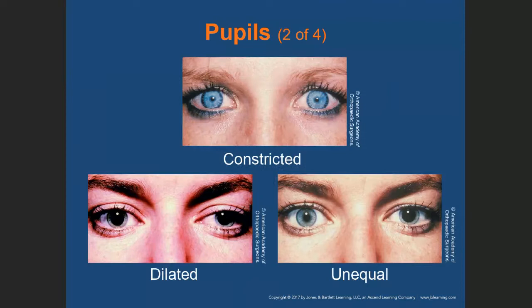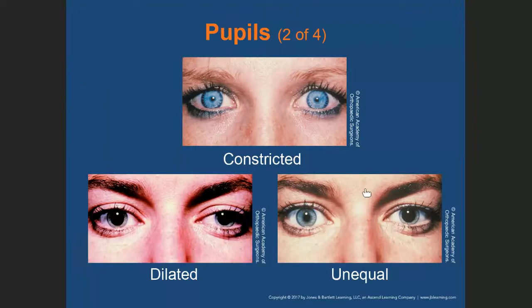Now, what does this mean? You can shine a light in the pupil and it looks pinpoint or constricted. You can shine a light in the pupil and they look fixed and dilated. You can shine a light in the pupils and they look uneven or unequal.